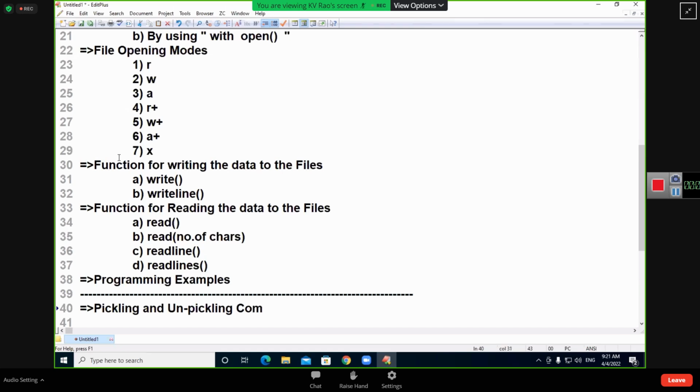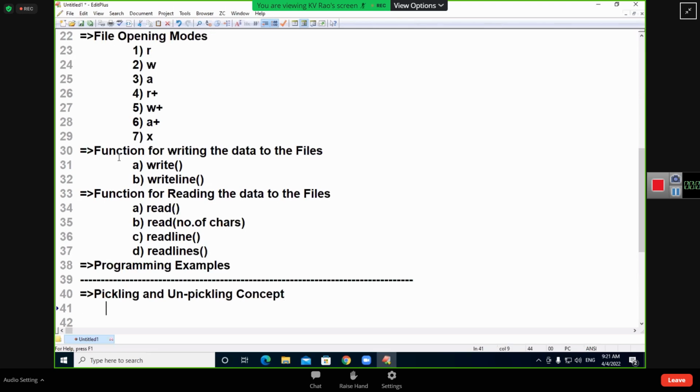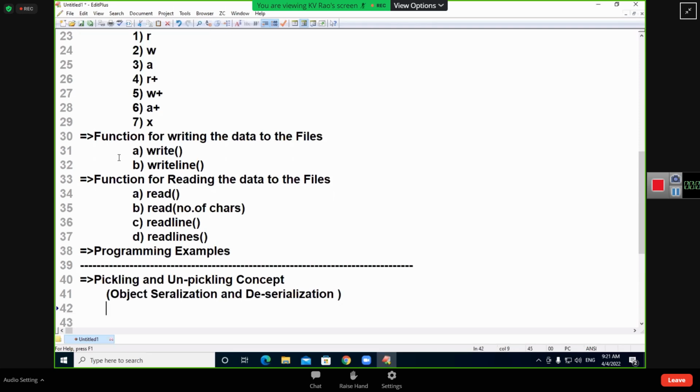That is also known as object serialization and deserialization.